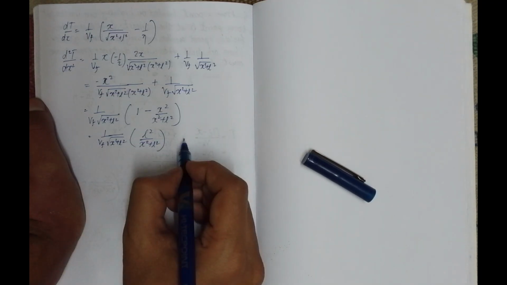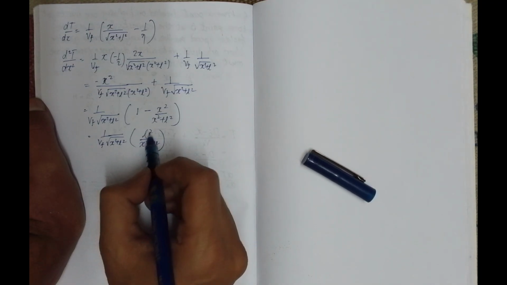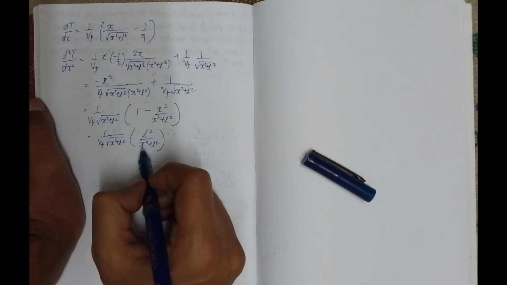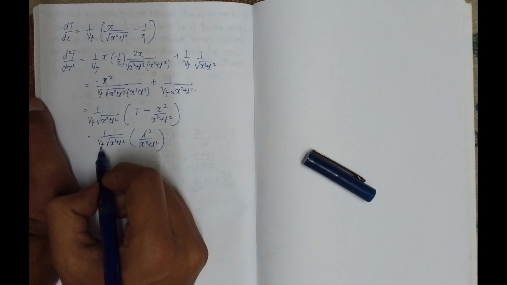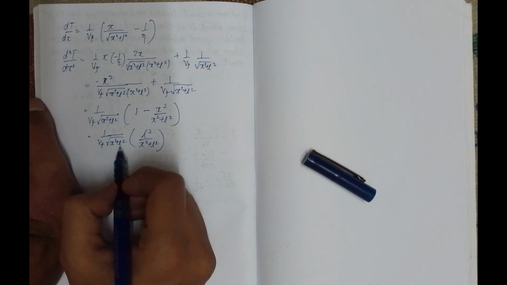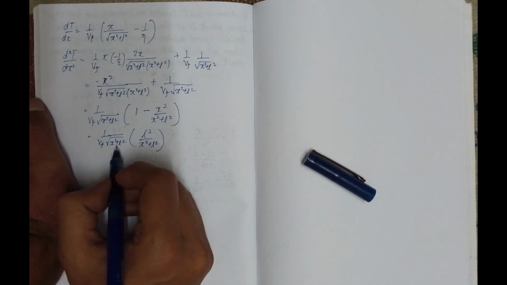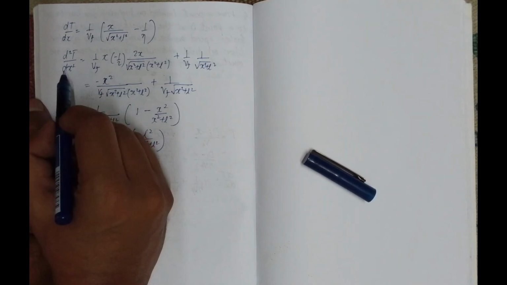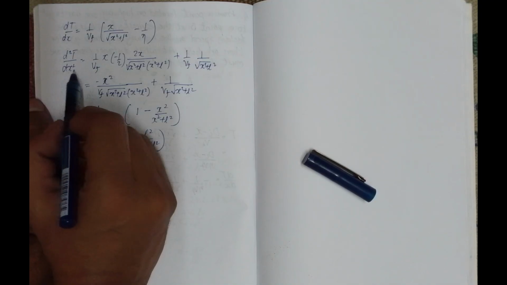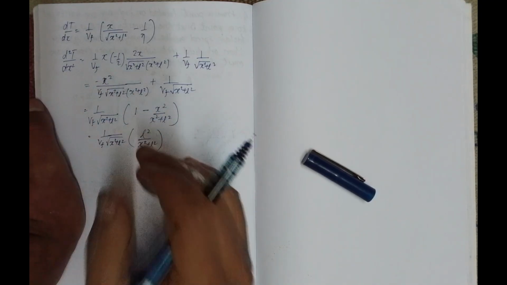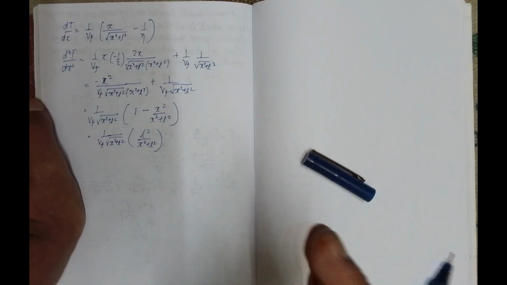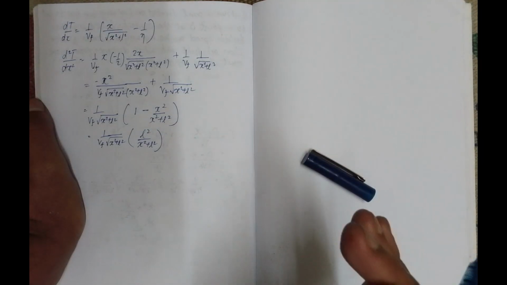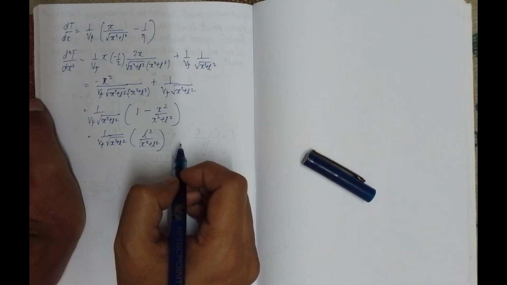This is a positive quantity. Why? Because all the things are positive here. L is positive, x is positive, Vf is a positive number, we know that. So as I explained in the previous video, d square t by dx square is a positive thing. It means that the slope is changing from a negative to a positive value, so it's the minimum that we are talking about.